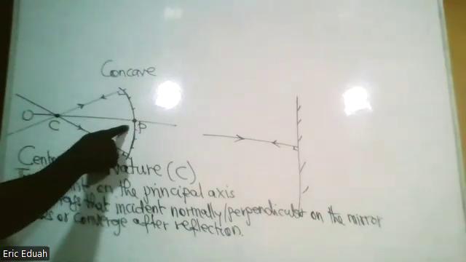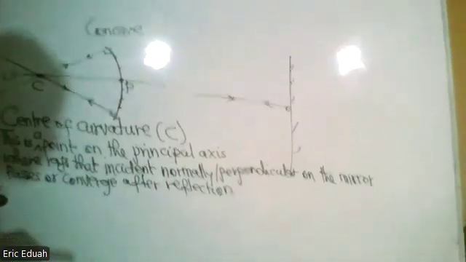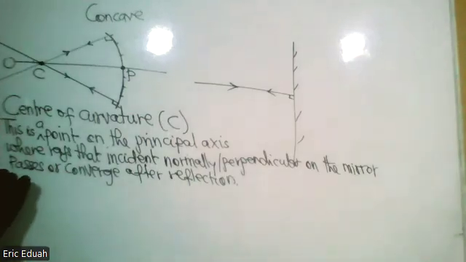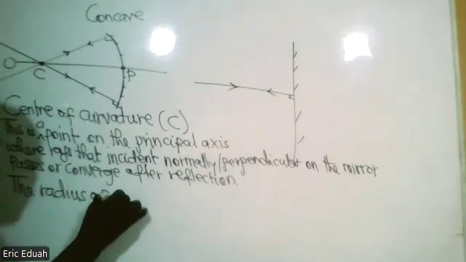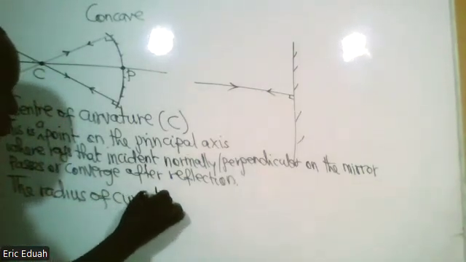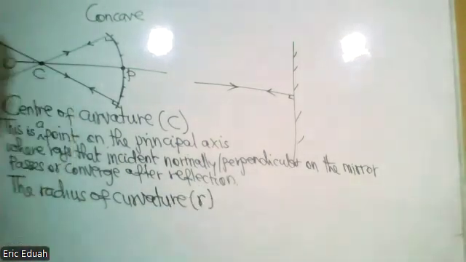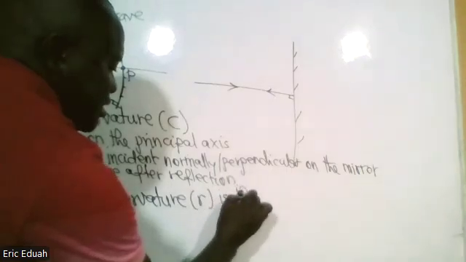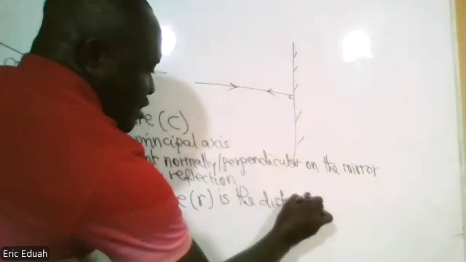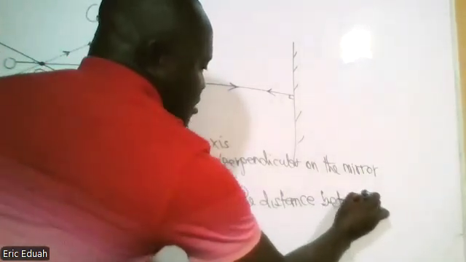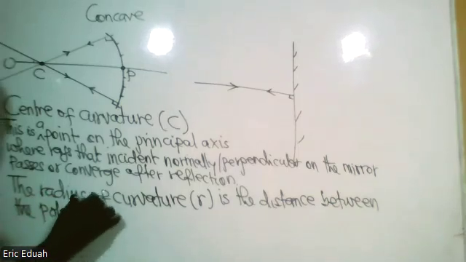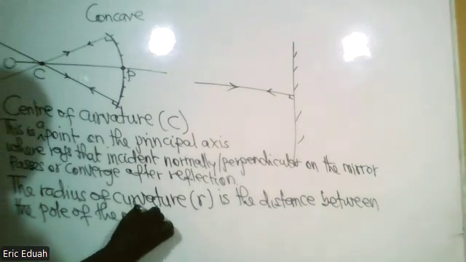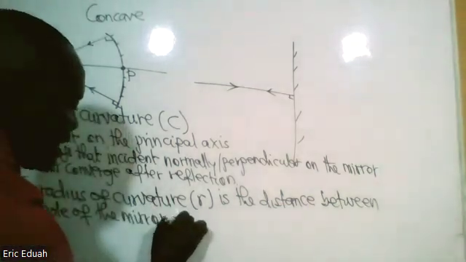The distance between the pole and the center of curvature C is known as the radius of curvature, represented as the letter small r or capital R. It is the distance between the pole of the mirror and the center of curvature.